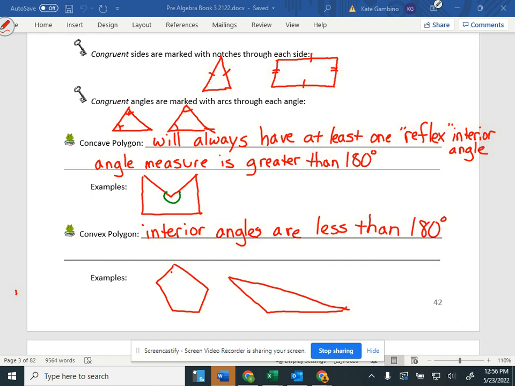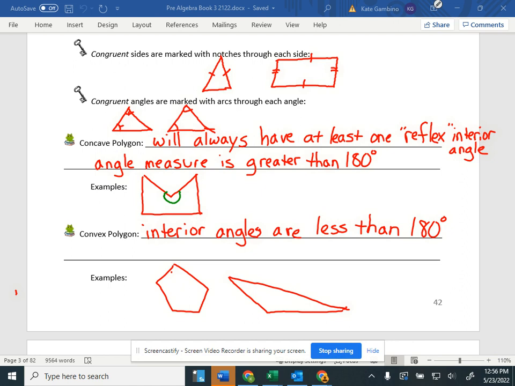How do we feel about that? Leah? Could there be a concave and convex angle in the same shape? We're not talking angles when we talk concave and convex. We're talking the polygon. So we have less than 180 and greater than 180.